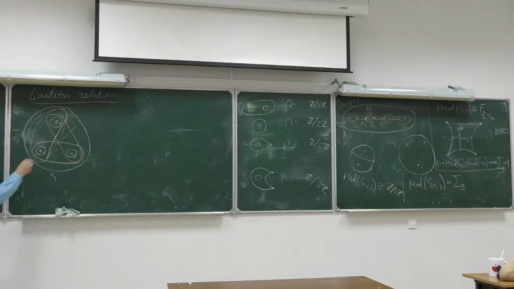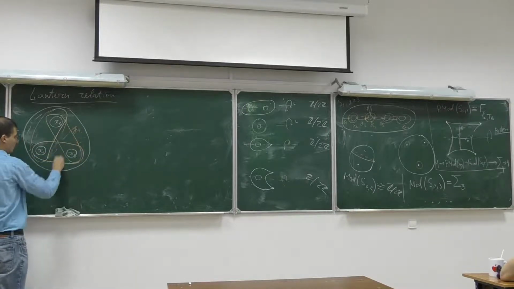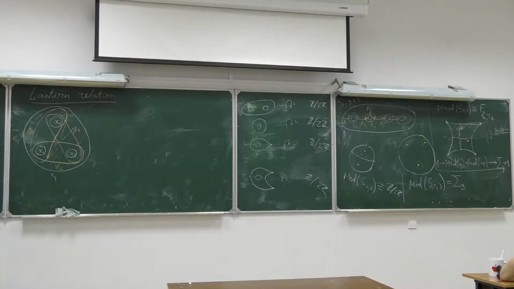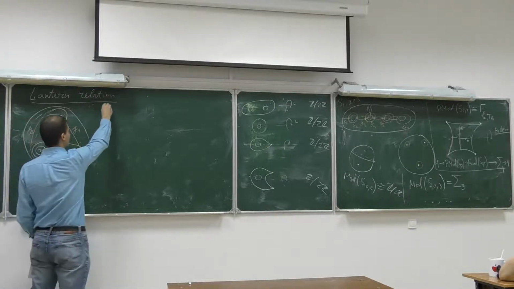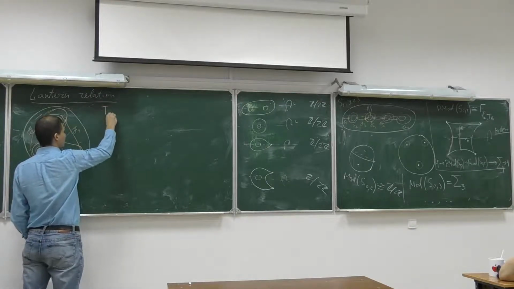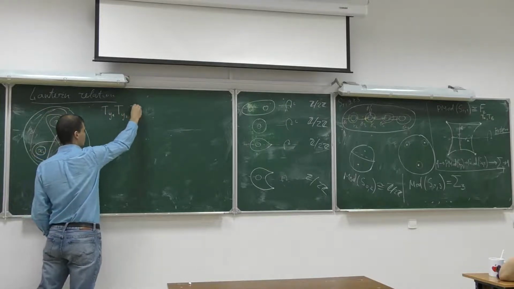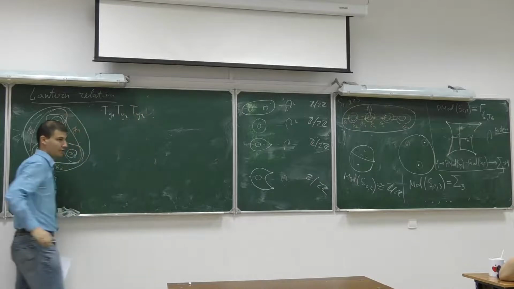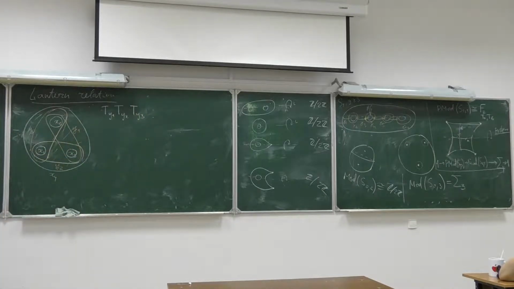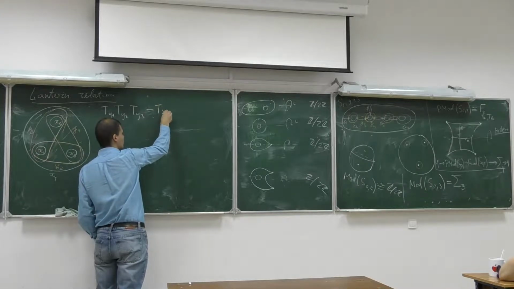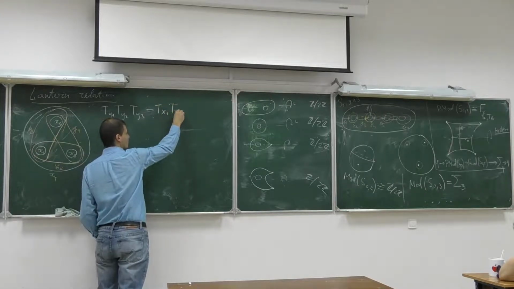So let it be y1, y2, and y3. So the lantern relation is the relation that the product of Dehn twists about these 3 curves, y1, y2, y3, is equal to the product of 4 Dehn twists about the boundary components.